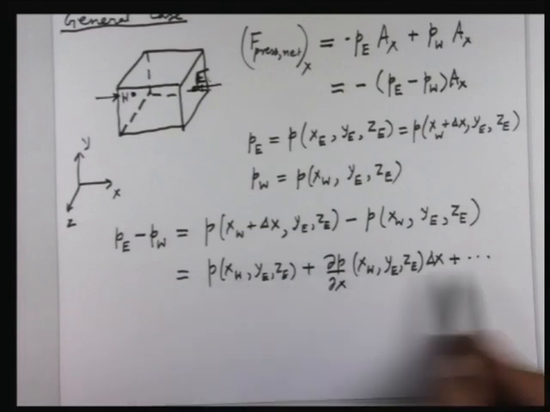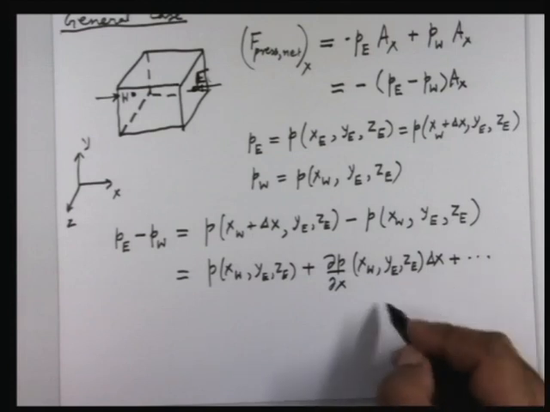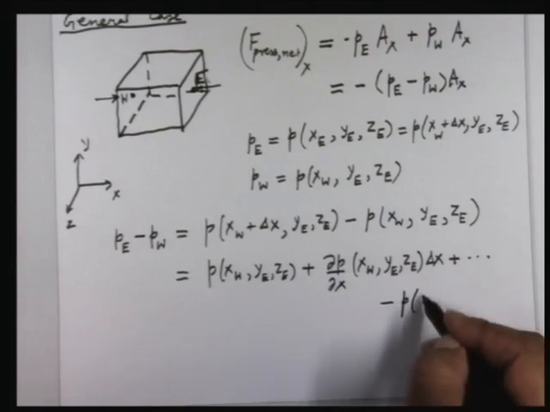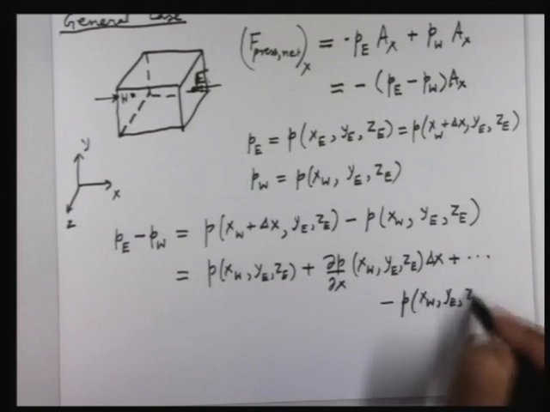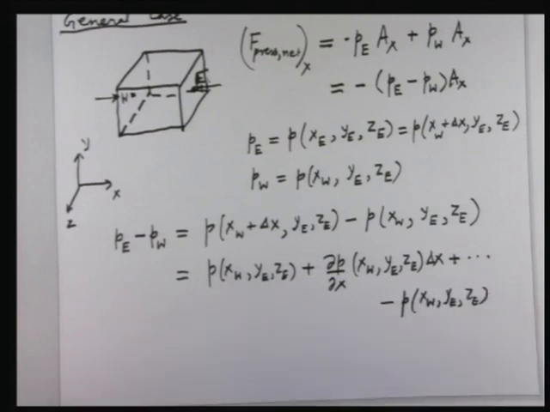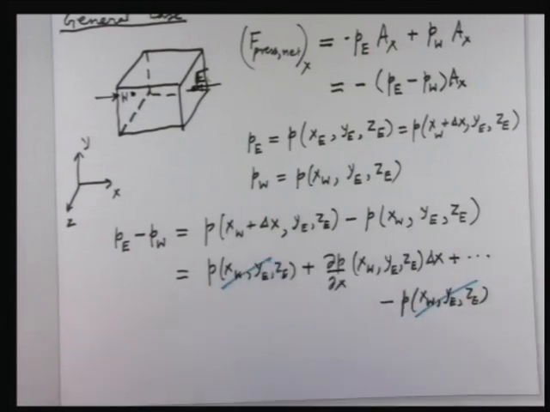This infinite series represents the expansion for the first term, and from that you subtract P of x west, ye and ze. So you are going to get this term cancelling with this term.